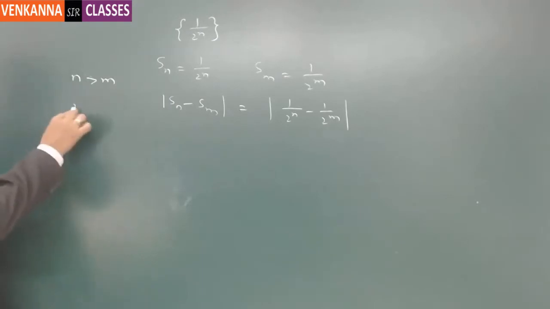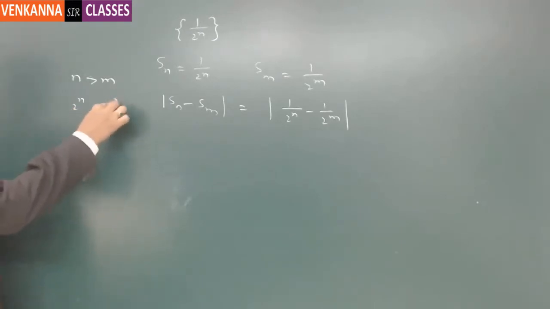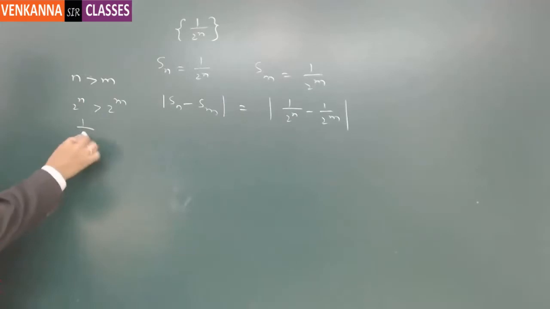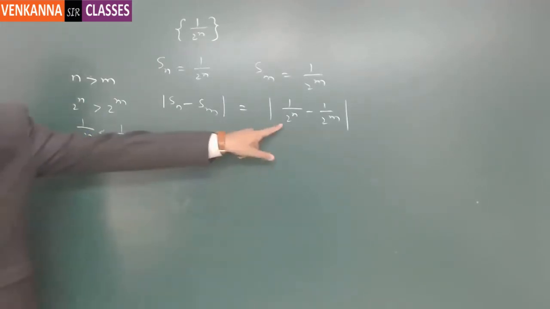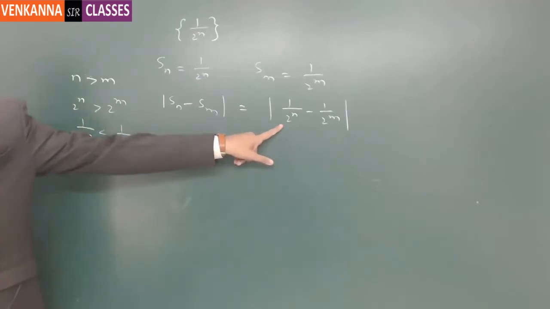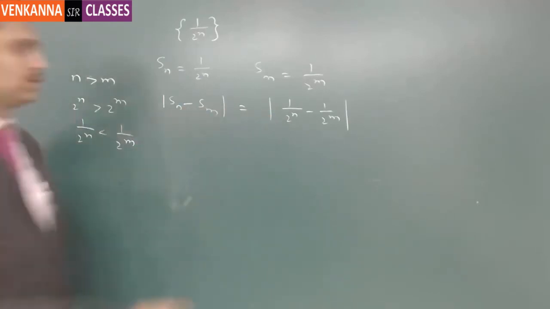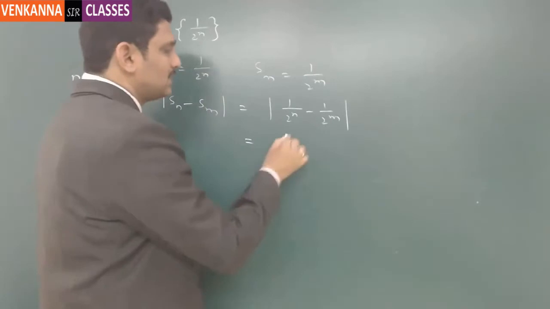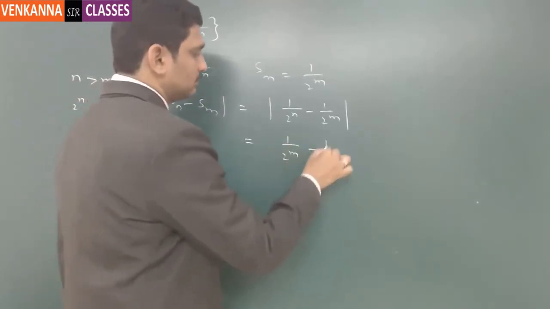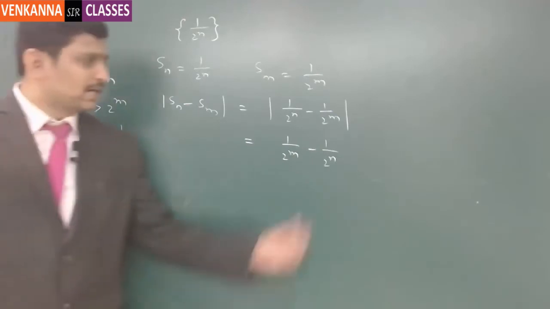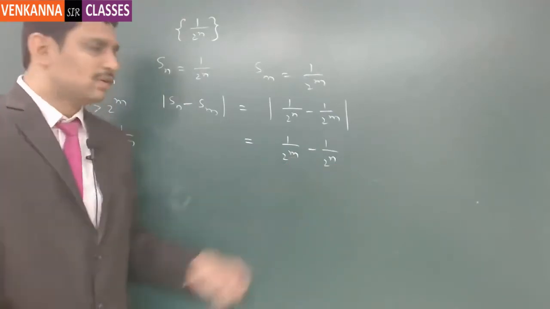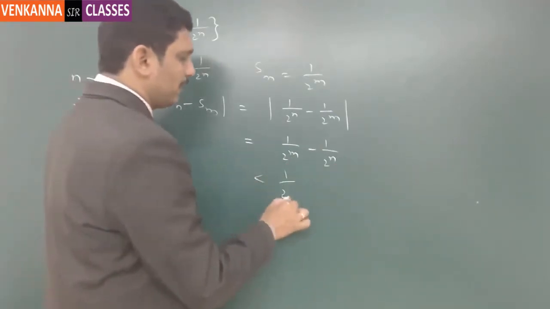Since n is greater than m, 2 power n is greater than 2 power m. So 1 by 2 power n is less than 1 by 2 power m. So the value in the modulus is negative. If you remove the modulus, since you are subtracting a small value from a big value, it is always less than 1 by 2 power m.